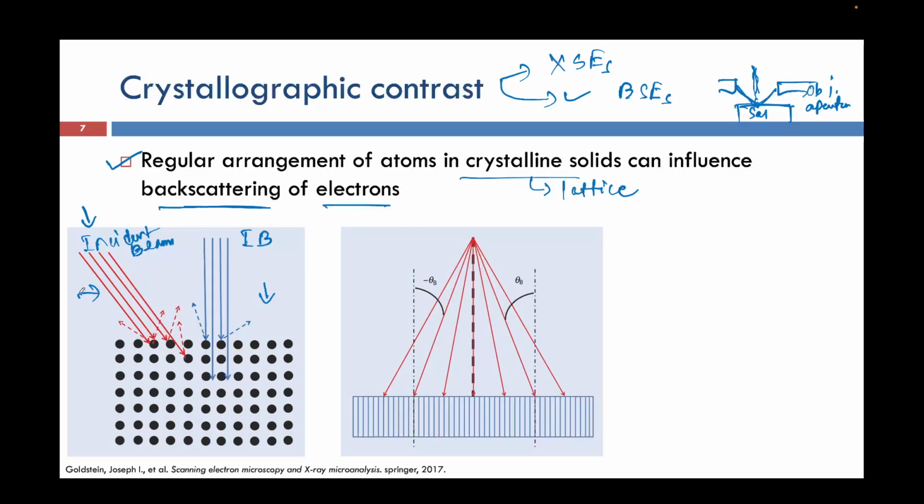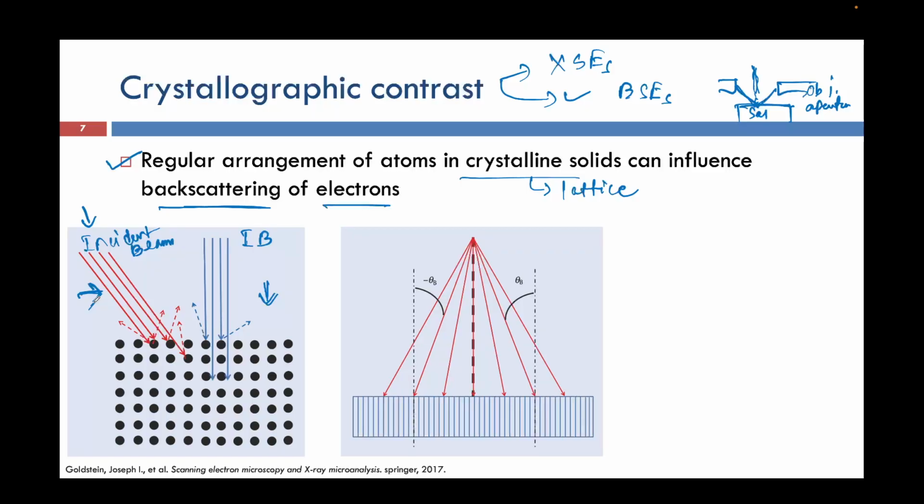So one ray is falling onto my sample like this, and another set of rays are falling onto my sample parallelly. Consider this red incident beam, coming in this direction.